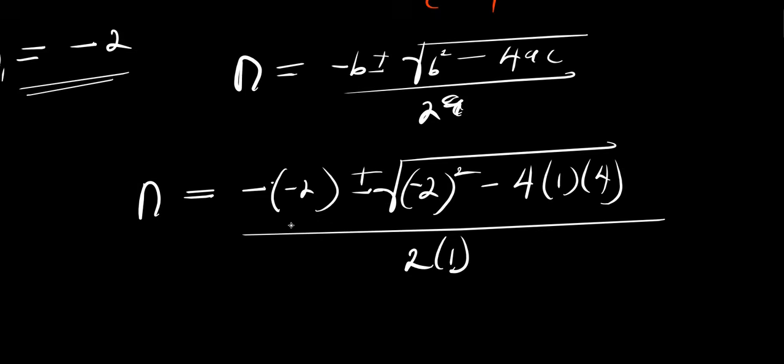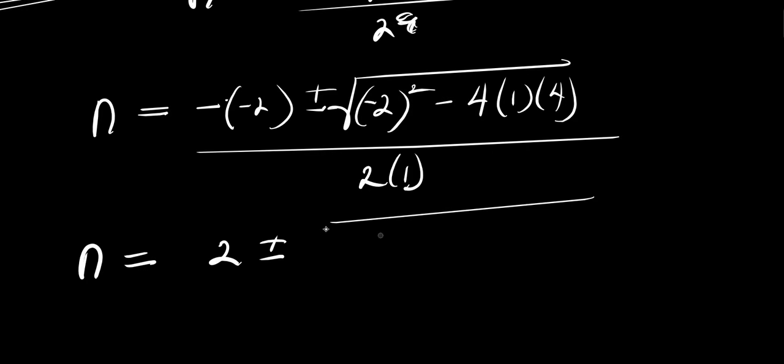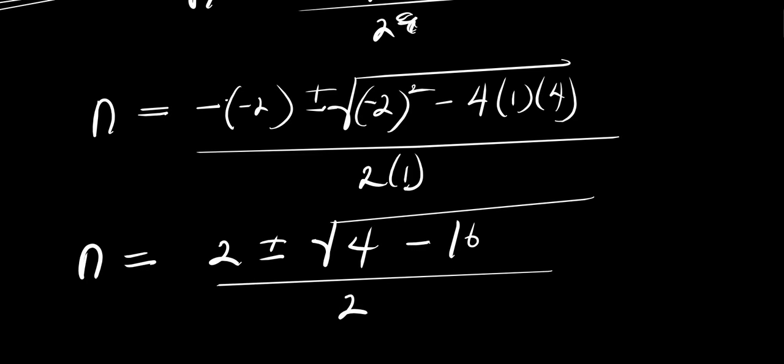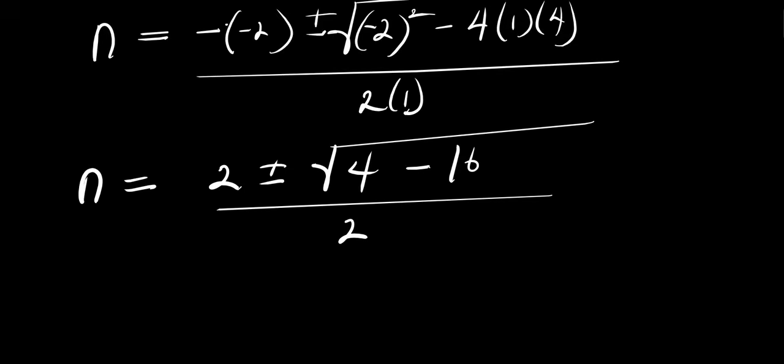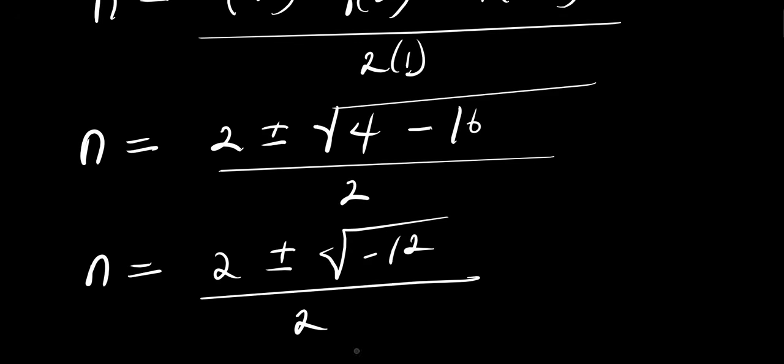So right now, I can simply have n equals 2 plus or minus square root of 4 minus 16, divided by 2. So from here, n equals 2 plus or minus square root of 4 minus 16, that is -12, divided by 2.